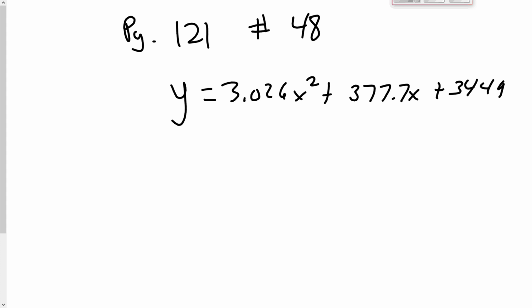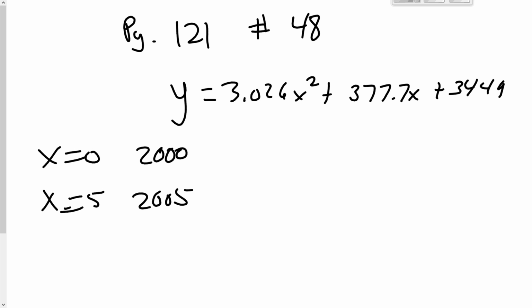When x equals 0, it represents the year 2000. So x equals 5 would represent the year 2005, and so on. Based on this model, we want to know for what year after 2000 the average cost was 7,605.